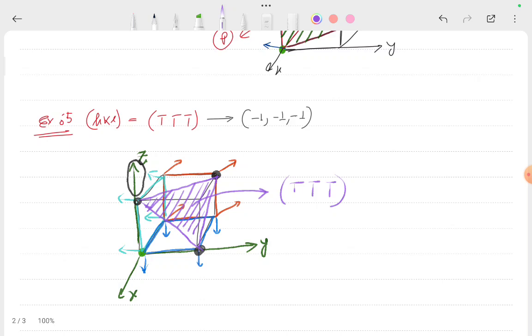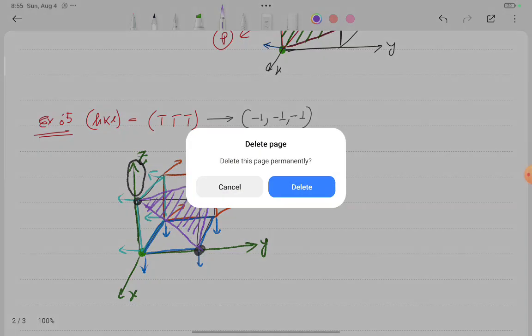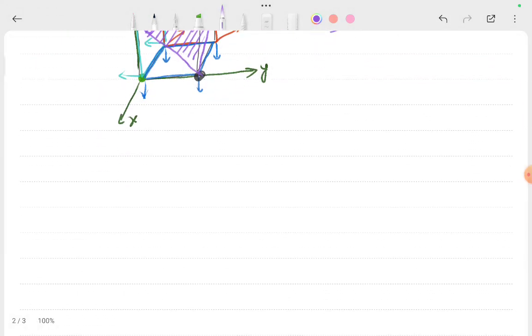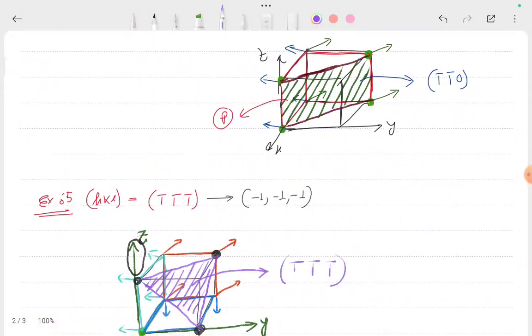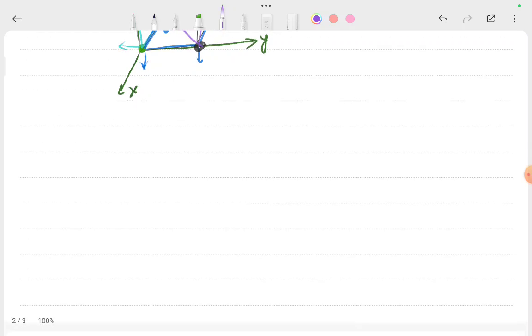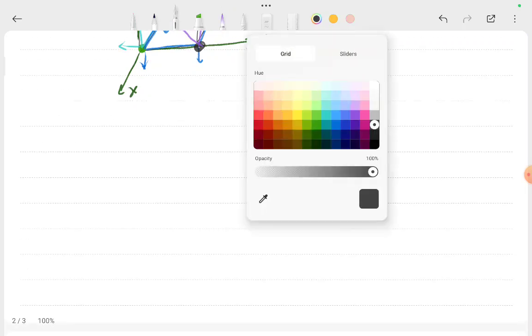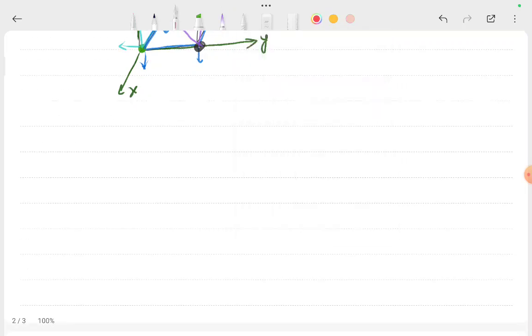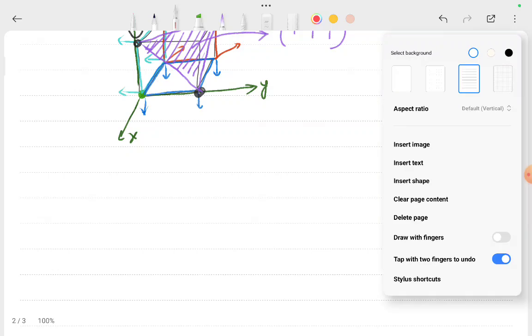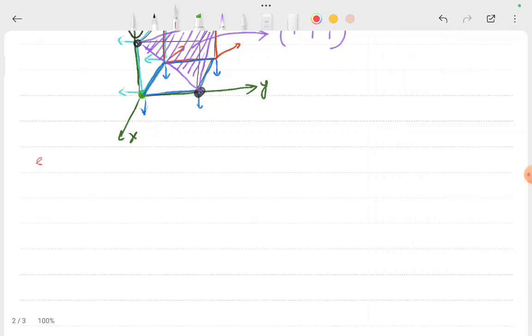Okay, so next I take another problem, exercise number 5 and exercise number 6, and then we try to understand what is the basic principle. Okay, next problem is exercise number 6.